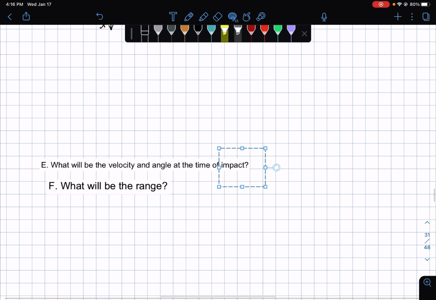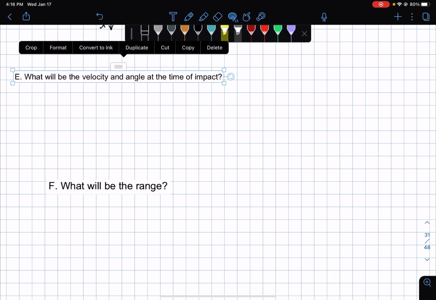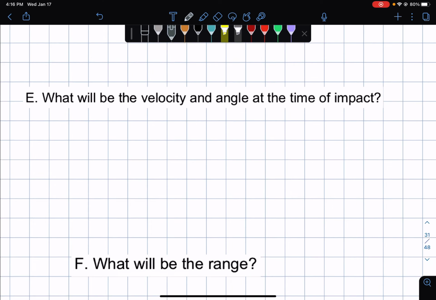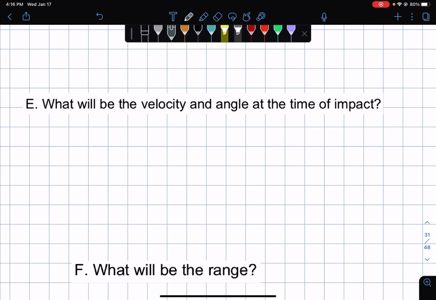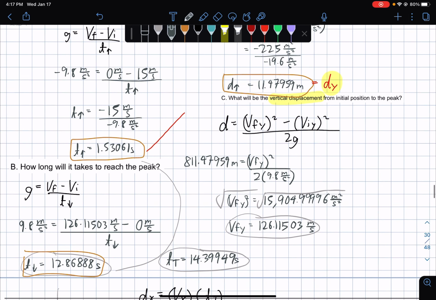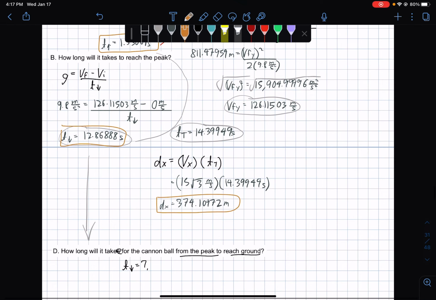So next question. What will be the velocity and angle at the time of impact? Okay, so the angle we haven't solved for yet, but the velocity at the time of impact is, in other words, the VFY going down. We already know that value. It's this.